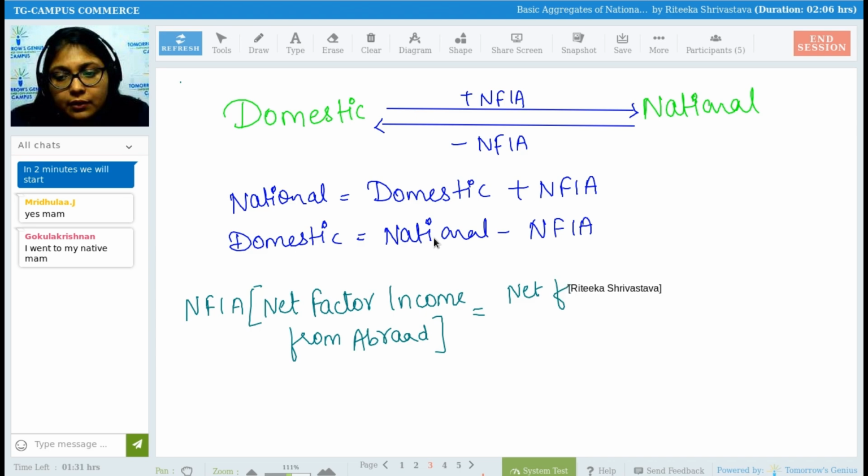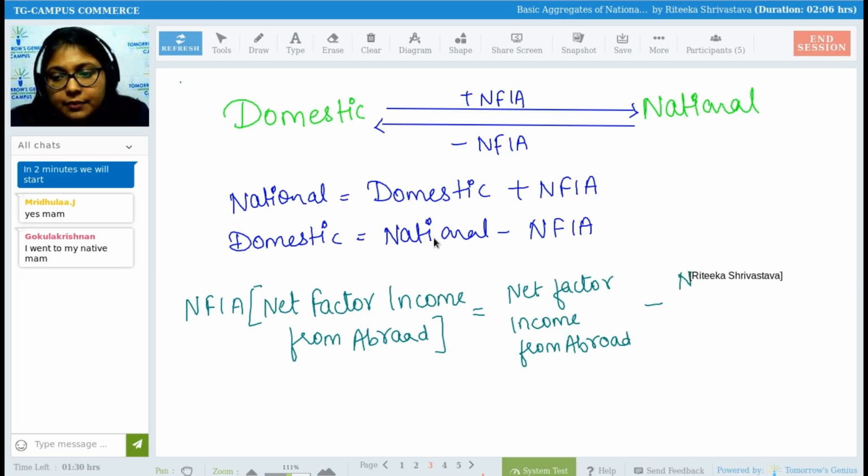Net factor income from abroad minus net factor income to abroad.